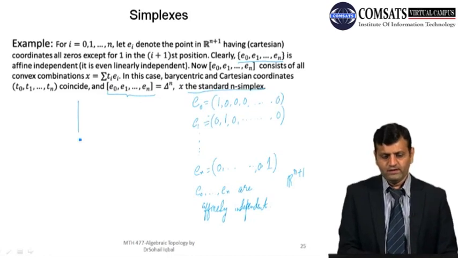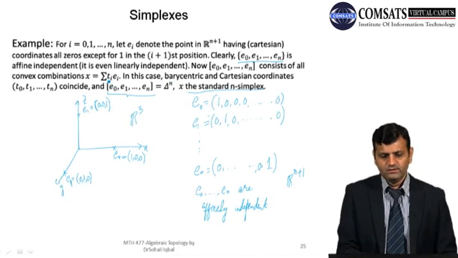For example, in R3, let's say this is the x-axis, this is the y-axis, and this is the z-axis. This is e0, which is equal to (1, 0, 0). e1 is equal to (0, 1, 0), and e2 is equal to (0, 0, 1).